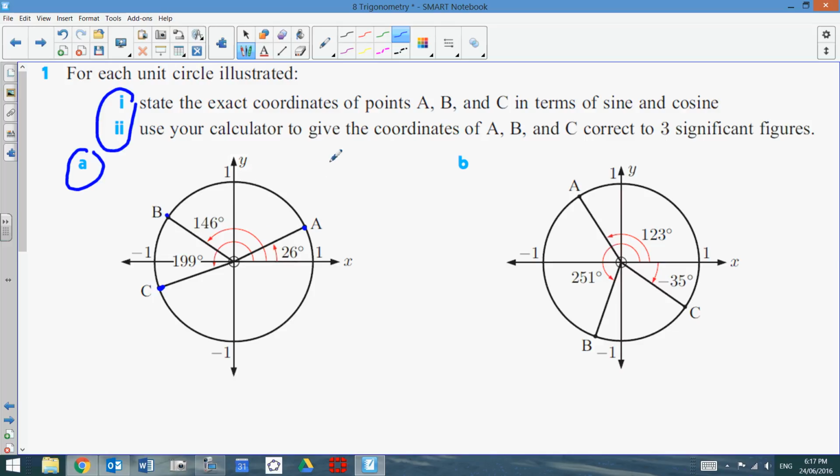So again, sine, cosine, and tangent are all positive in the first quadrant. In the second quadrant, sine is positive, tangent is negative, and cosine is negative. So only sine is positive in the second quadrant. In the third quadrant, cosine's negative, sine is negative, and negative divided by negative is positive.